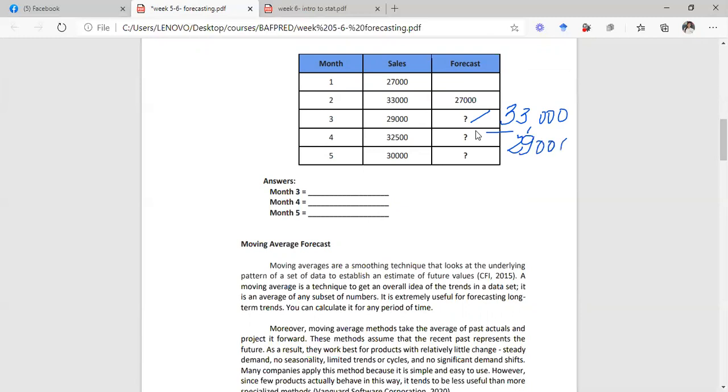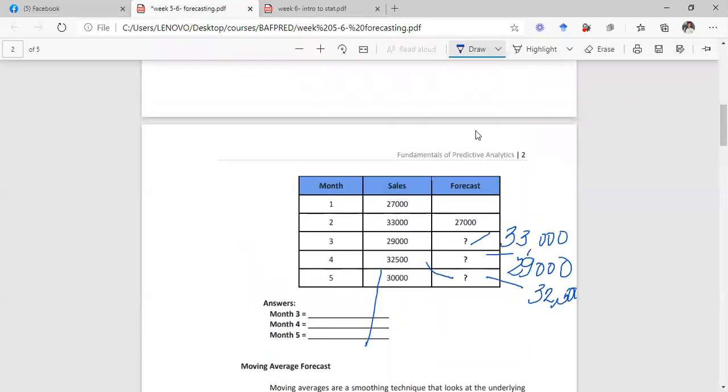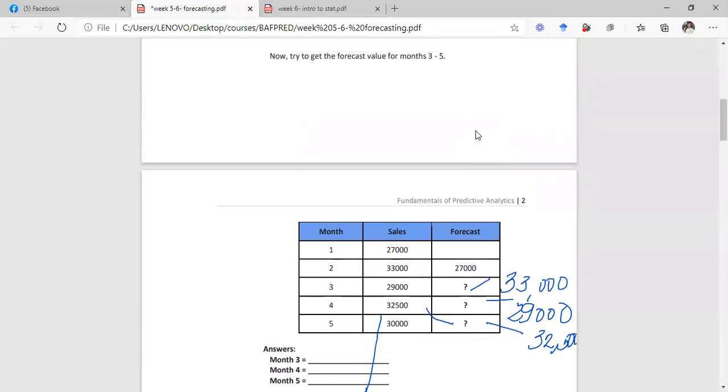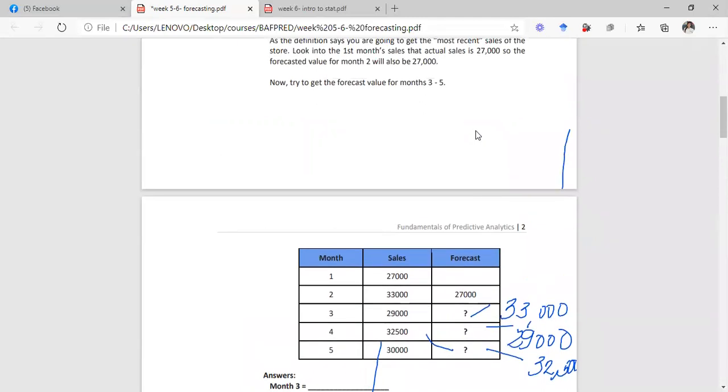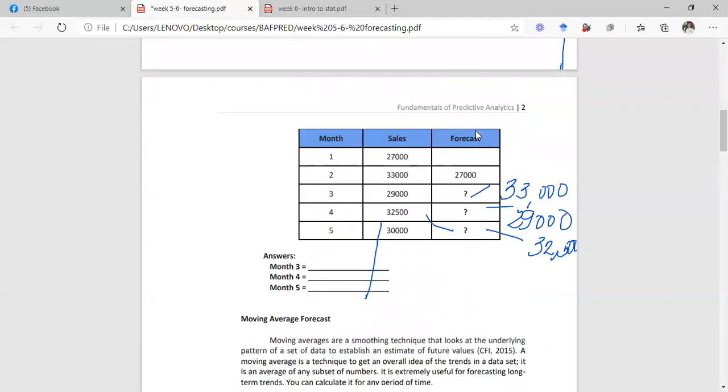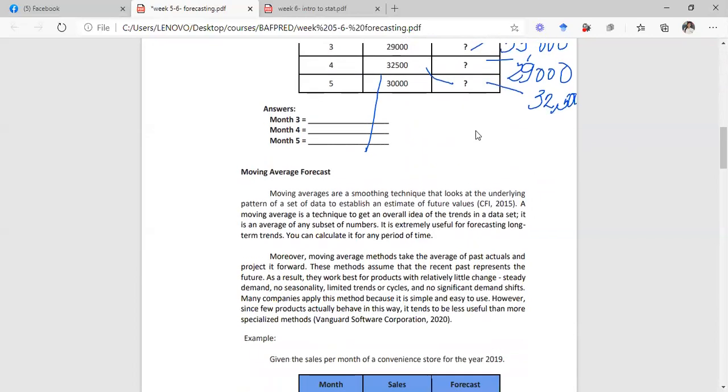And then the next one, for month 5, we have 32,500. So that is how to get the naive forecast of the data sets. Okay, so let's go to the next, moving average forecast.